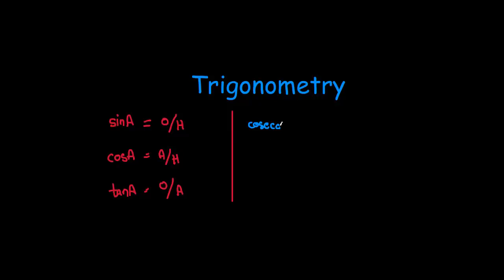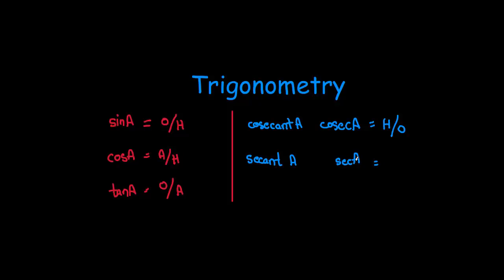So you have cosecant ऑफ एंगल ए, और हम लोग इसे लिखते हैं cosec a is nothing but sin a का उल्टा. Okay, so cosec a is written as hypotenuse upon opposite. Very simple. And then there is secant of angle a. Secant of angle a को हम लोग लिखते हैं sec a short में.